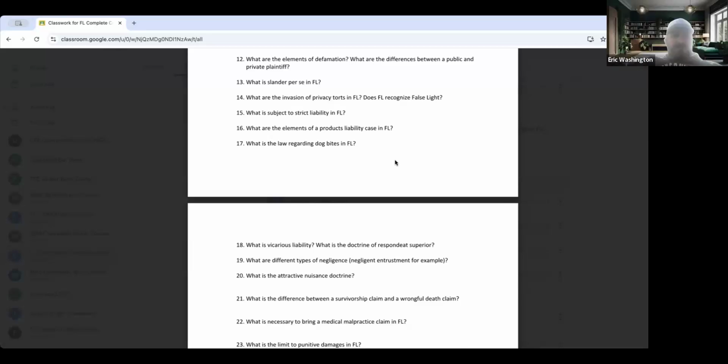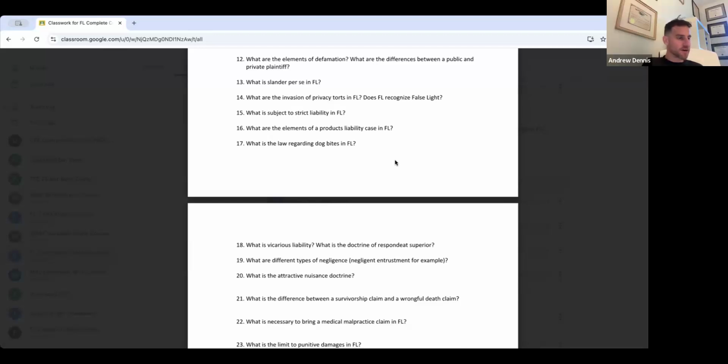Are dangerous instrumentalities, sorry, Andrew, are those strict liability as well, or is that something that falls under vicarious liability? Yeah, it could be vicarious liability, the dangerous instrumentality doctrine in Florida, which holds that you can be liable for injury that occurs when someone else is operating a dangerous instrumentality that you own, typically a car.